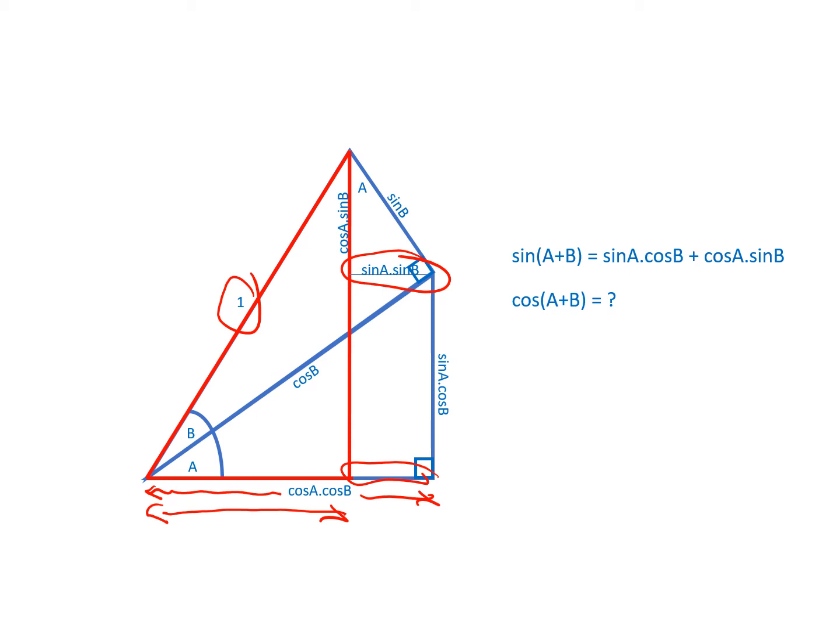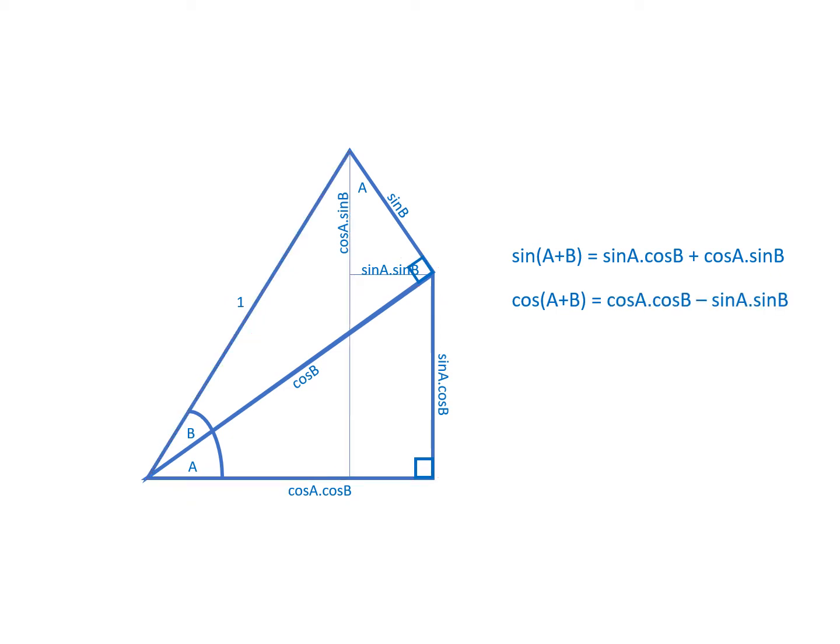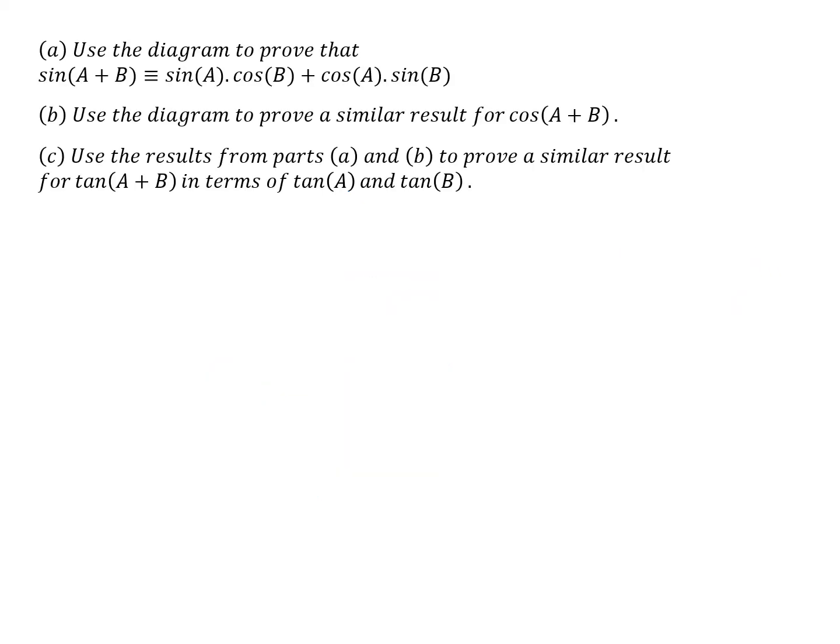So cos of A plus B is cos A cos B minus sine A sine B. So there we are. Those are the first two parts of the questions. So we've used the diagram to prove that sine of A plus B is that, and we've got a similar result for cos of A plus B. Let's write those down again.